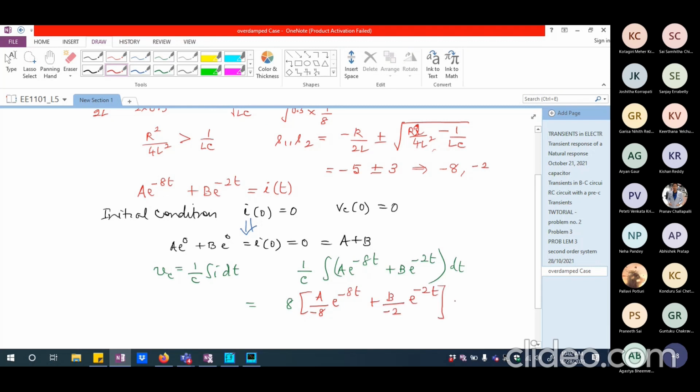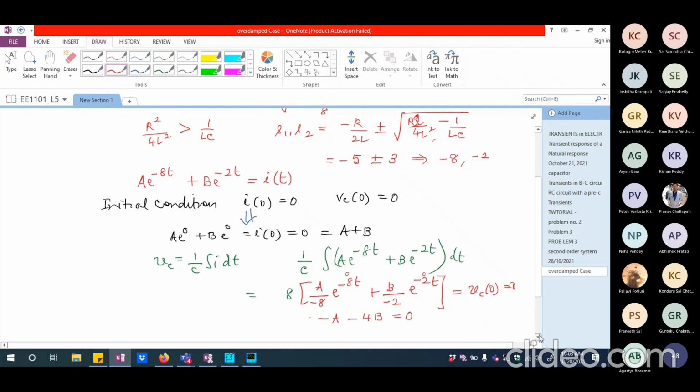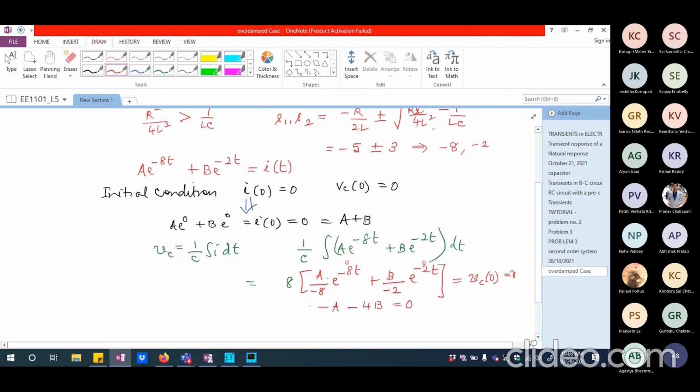So this is essentially VC of 0 is going to be equal to 0, we said. So I have to make this e power -0. This will also be e power -0. So I'm basically calling this as 1.